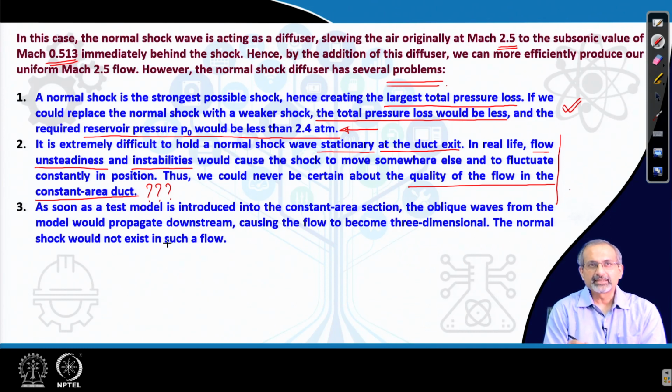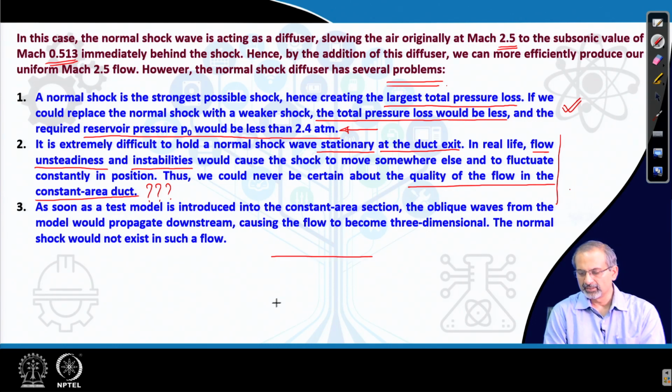Again, as soon as the test model is introduced into the constant area section, oblique waves would propagate downstream, causing the flow to become 2 or 3 dimensional, and the normal shock will not exist under such a flow, because the normal shock is going to exist only in a 1 dimensional situation.